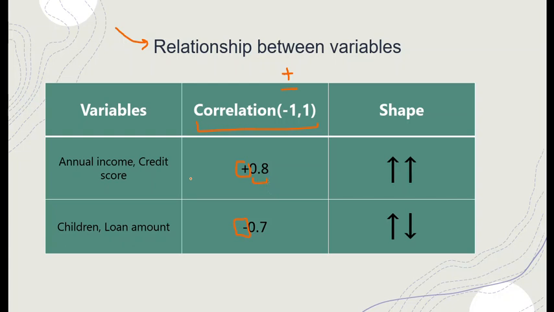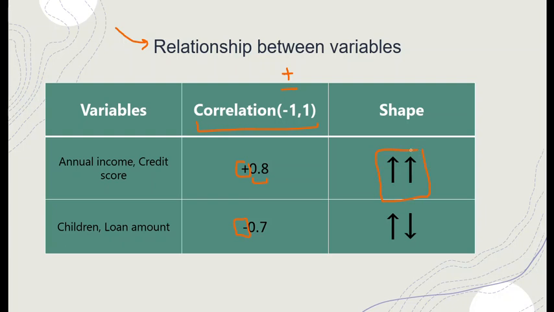So between annual income and credit score, the correlation value is positive 0.8, which means that there is a positive relationship. As the annual income increases, credit score tends to increase as well, right? The value is 0.8. This is a relatively high value, which means that the strength of the relationship is high, right? Here is a simple visualization of how the relationship looks.